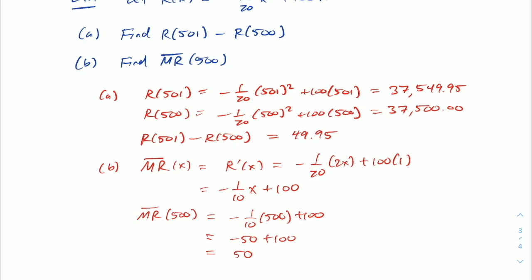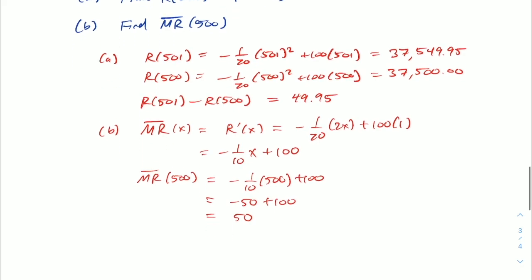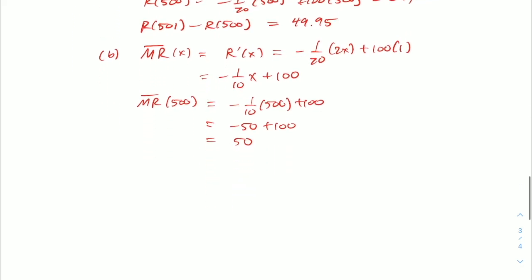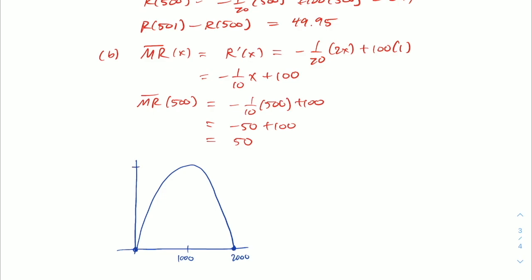Let's look at a graph to illustrate the relationship between these two quantities. Okay, so if we draw the revenue function, it's going to have a peak at 1,000 and zeros at 0 and 2,000. And the peak corresponds to an output of 50,000.